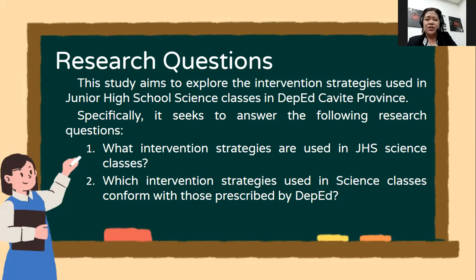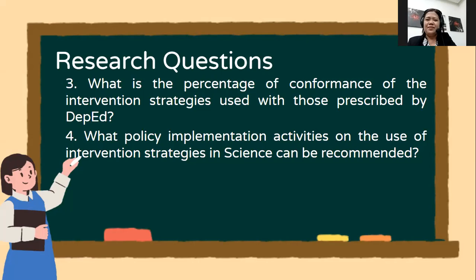Second, which intervention strategies used in science classes conform with those prescribed by the DepEd? Third, what is the percentage of the conformance of the intervention strategies used with those prescribed by the DepEd? Fourth, what policy implementation activities on the use of intervention strategies in science can be recommended?